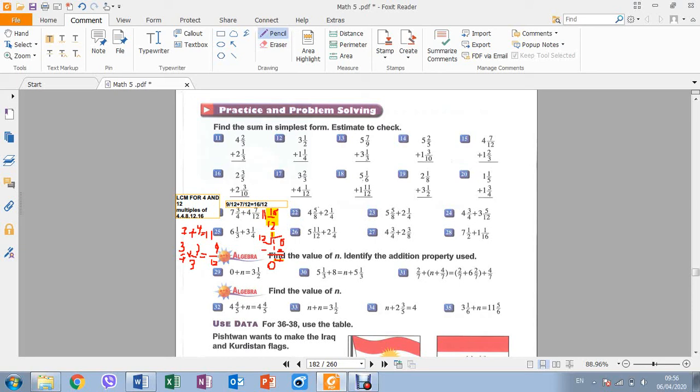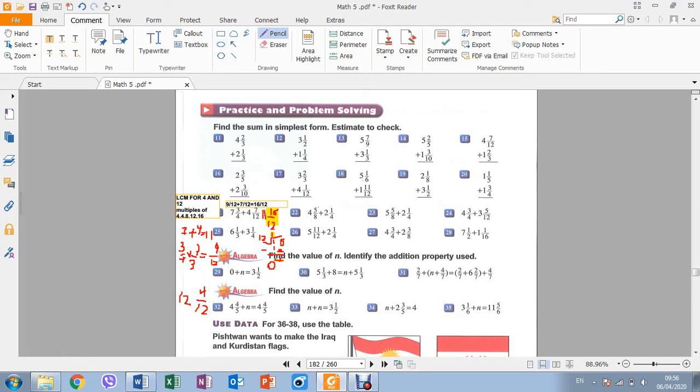So 1 plus 11, 12. The answer right there. 12, and the denominator is the same, we have 12, don't touch it. So remainder is what? 4. Now we have 4 12ths.